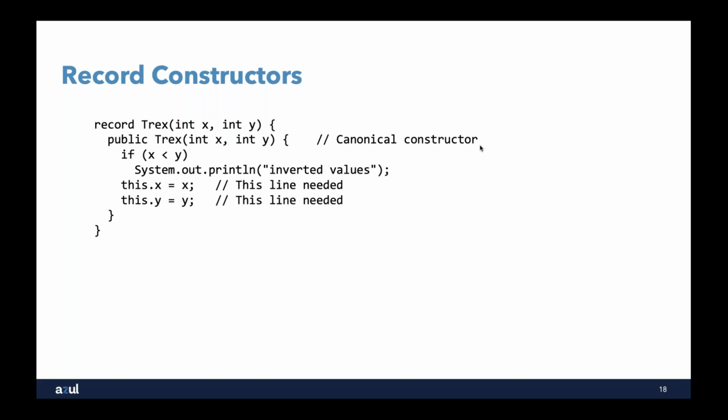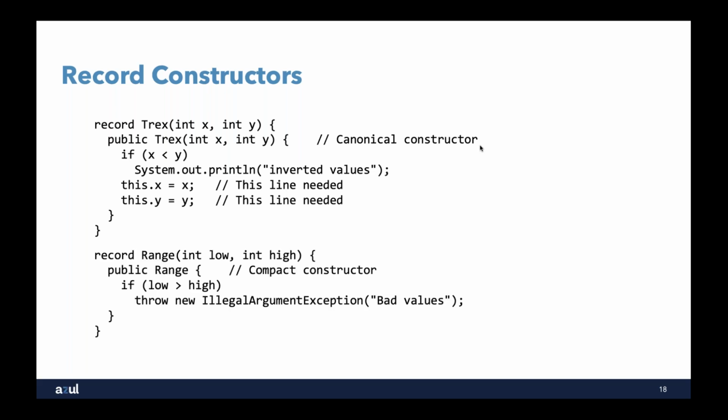To get around that, what the developers have done is allow the use of a compact constructor. What we can do in the case of our record called Range here, which again takes two ints, low and high, rather than creating the canonical constructor, we create a compact constructor which doesn't need the parameters passed to it. We already know what the parameters are because on the line above, we've got the record definition.